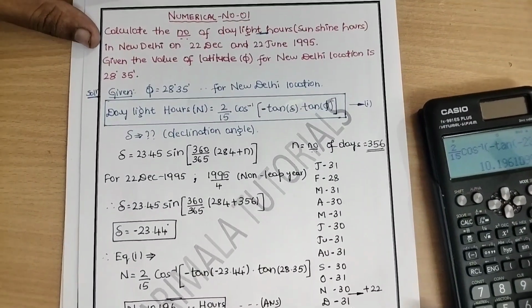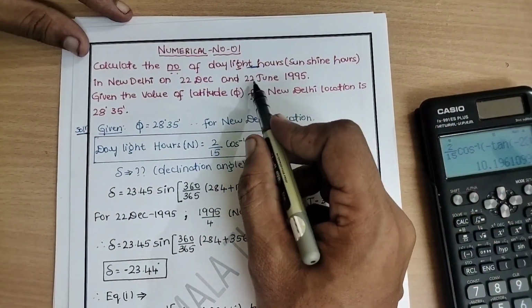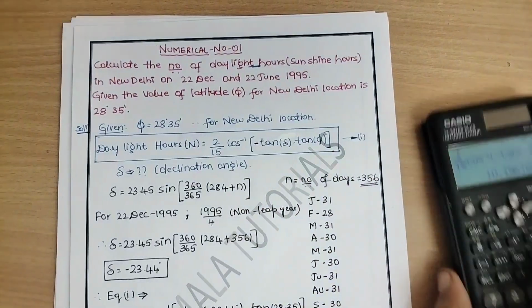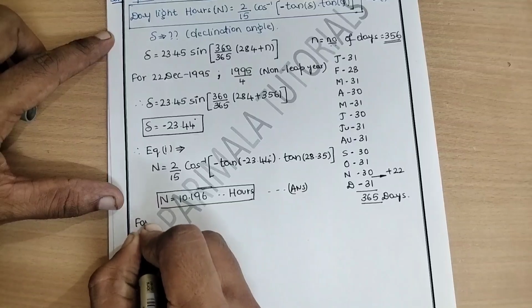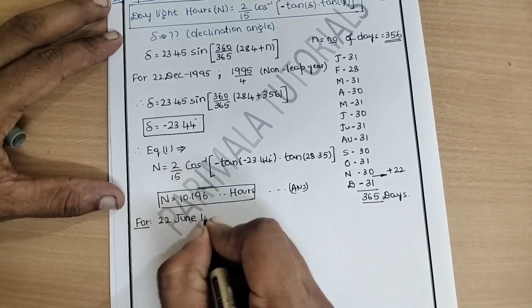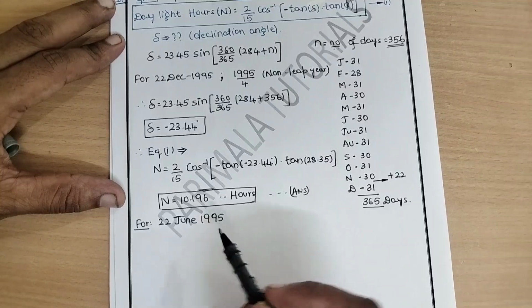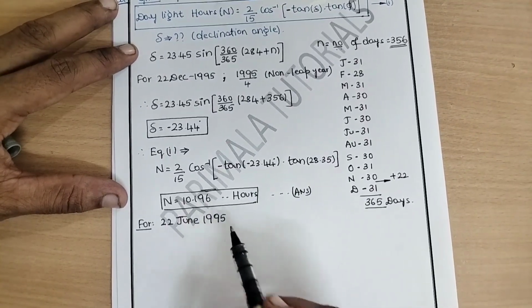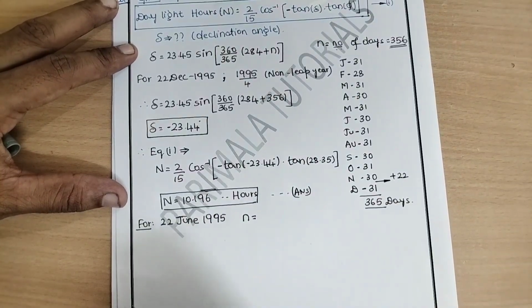Now let us see what is the daylight hour for the second given date, that is 22nd June 1995. Now let us make use of the same concept here. Yes, for 22nd June 1995, already it is clear that 1995 is a non-leap year. The only thing is we want to calculate the value of n, that is the number of days.